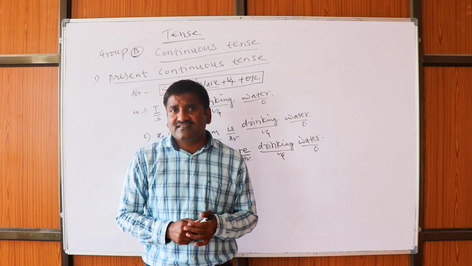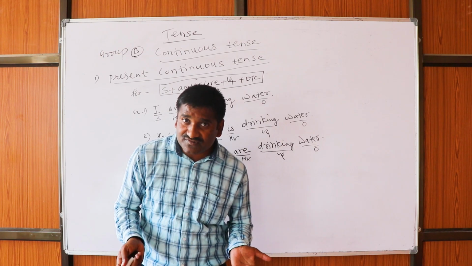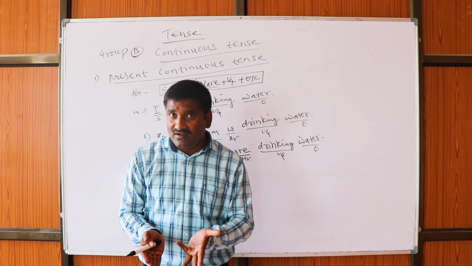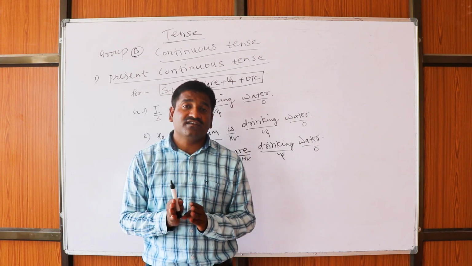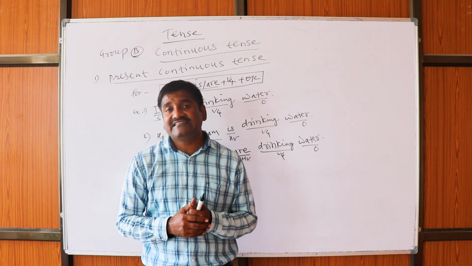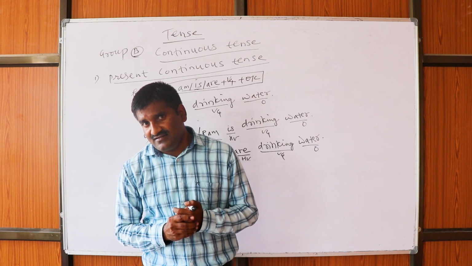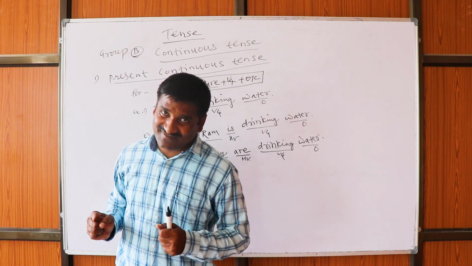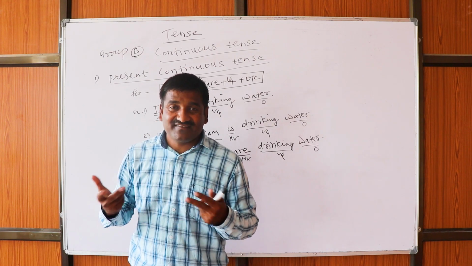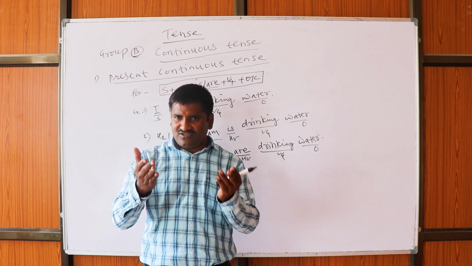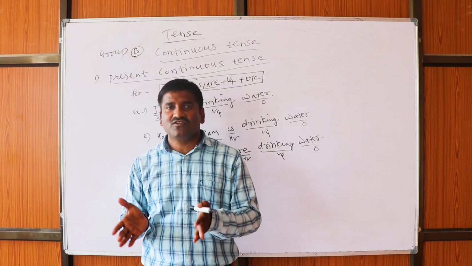Okay, but there are some non-action verbs, sensual verbs. We never use present continuous with non-action verbs and verbs regarding senses. Like we say, I smell rose, we must not say I am smelling rose. Next, we say, I think. Sometimes you may use I am thinking, but not regularly.